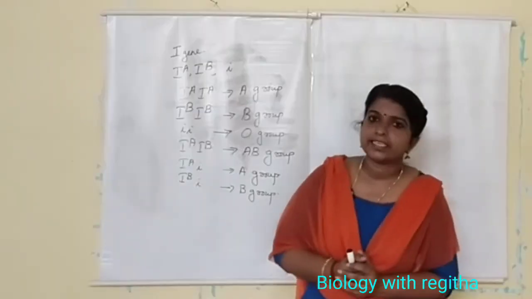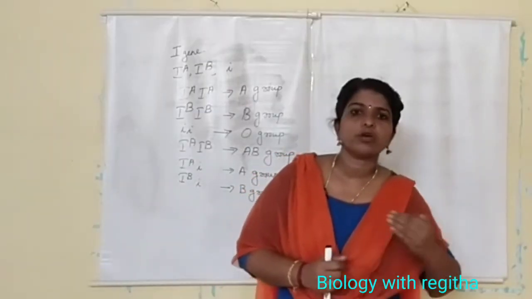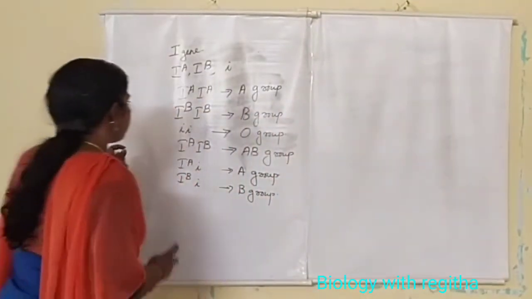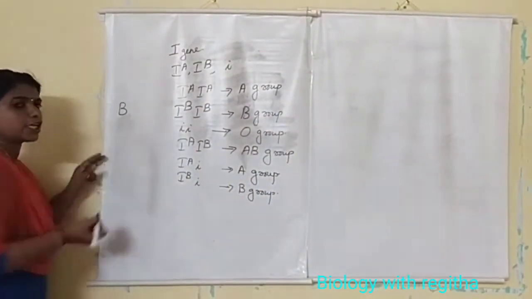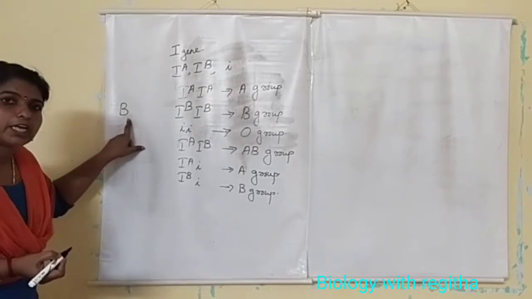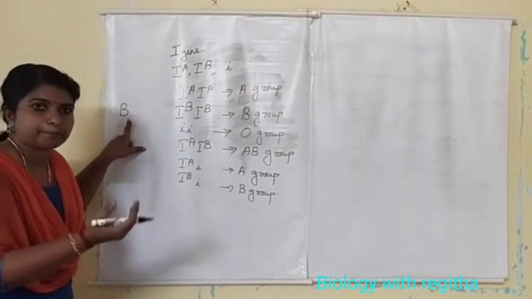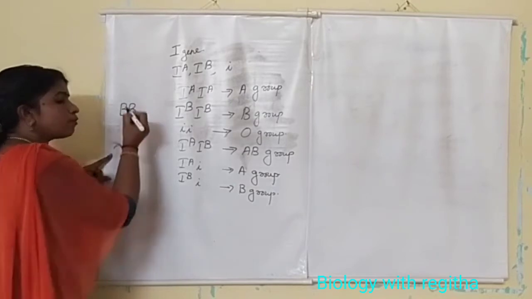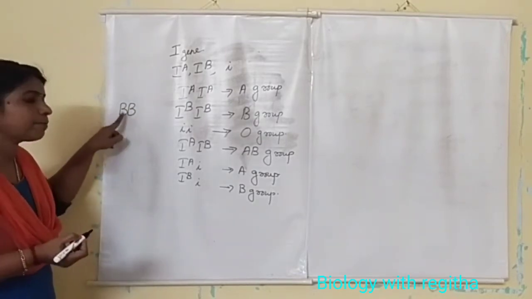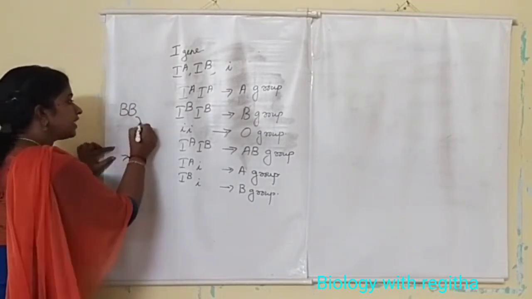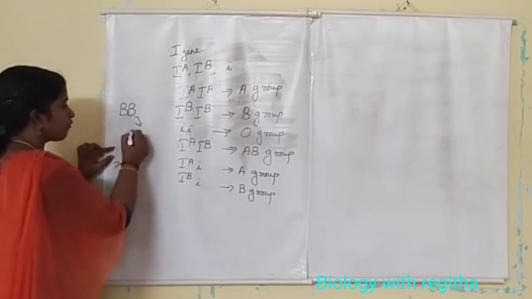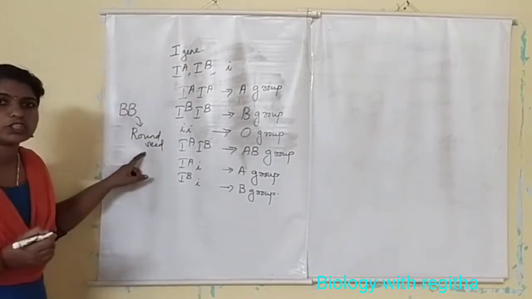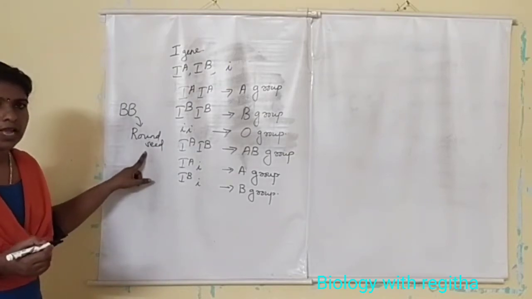The same gene can control or produce more than one effect. For example, capital B, this gene is responsible for starch production in the pea seed. If it appears in the homozygous condition, capital B, this gene results in the production of a round seed because more starch content is produced.